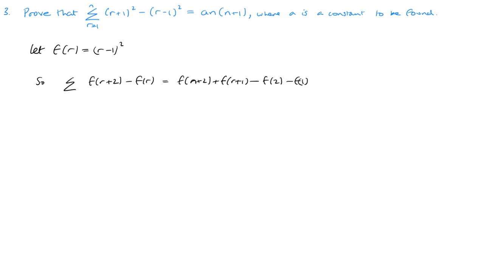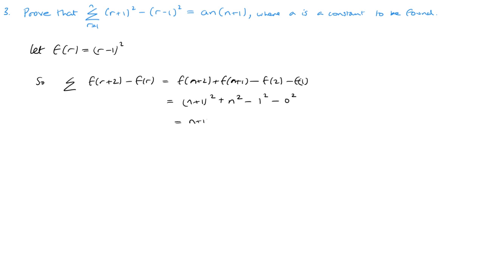And sorry, it should be n plus 2, n plus 1 there. So what we've got is, if I substitute n plus 2 into my r minus 1 squared, n plus 2 minus 1 is n plus 1 squared, plus n squared, minus 2 minus 1 is 1 squared, minus 0 squared.